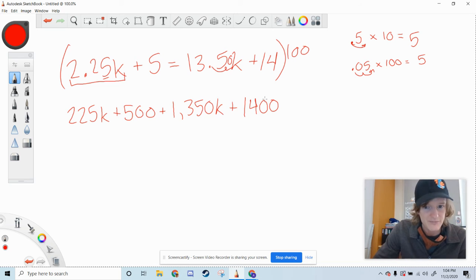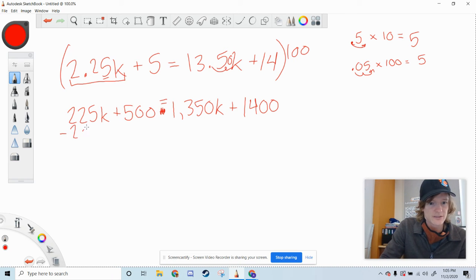So now we do have big numbers, but we got rid of our decimals. Is it easier to subtract 225 or to subtract 1,350? Definitely minus 225k from both sides.